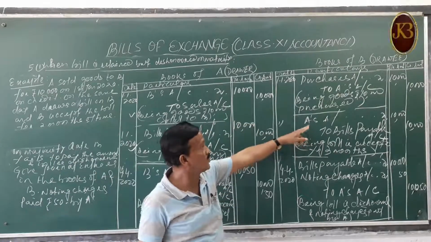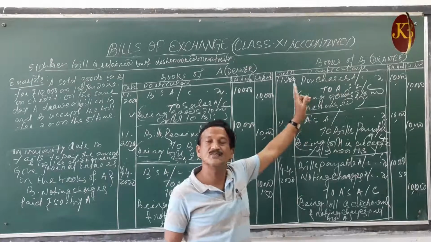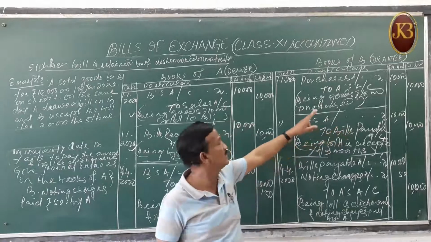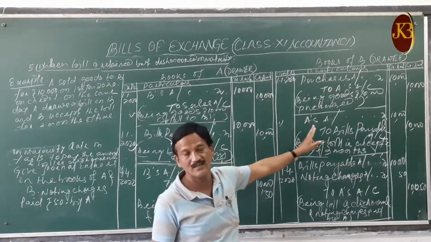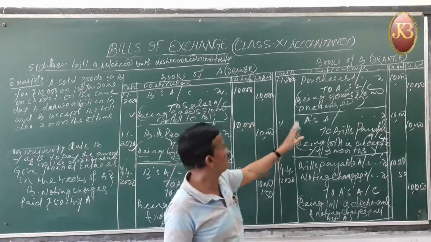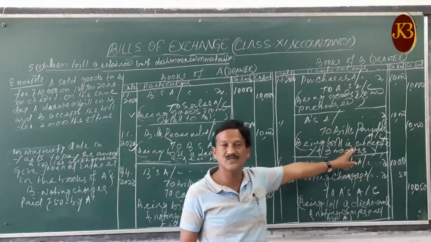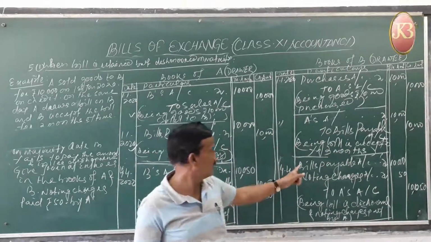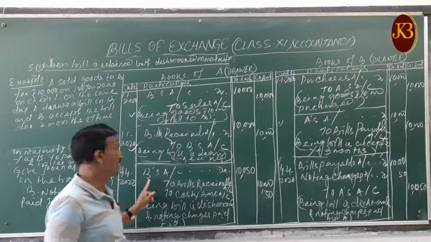In the books of the drawee, the first entry is purchases account debited to drawer's account. Then on the same date he accepts the bill and sends it to A, the drawer, so A's account debited to bills payable account. These two entries will remain the same. Then there is the maturity date.